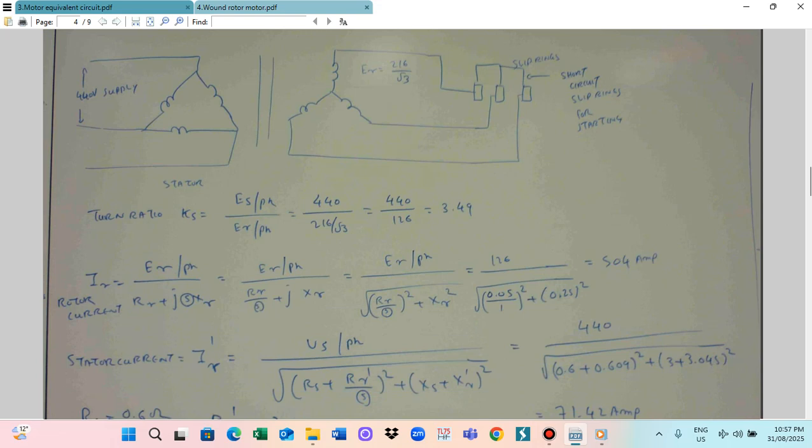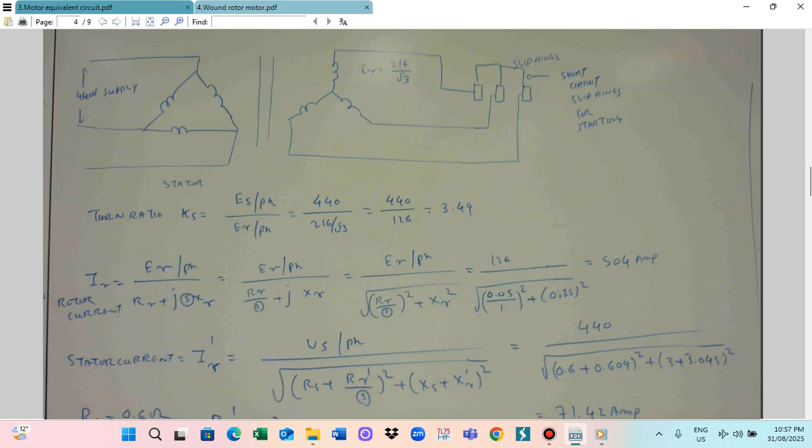After that you have to calculate the rotor current. I already gave you the formula to calculate rotor current. I is equal to ER by RR plus jSXR. So the rotor current IR is ER by RR plus jSXR.